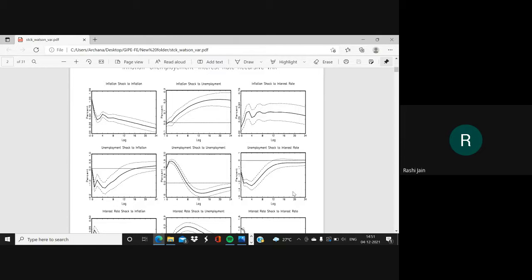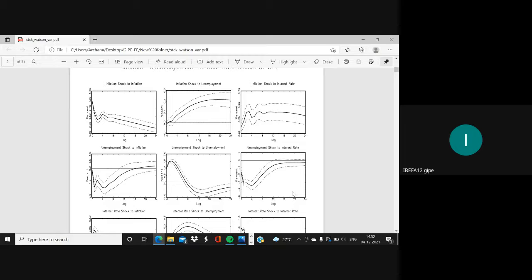Ma'am, in line with what was just asked, are we trying to say that there was only one shock in one particular time period, or that the impact we are trying to see is isolated from other shocks? Like if we are talking about unemployment, then the magnitude change is only due to the inflation shock, not because of any other shock. Yes, so you're isolating each shock. You're not allowing the shocks to impact each other.